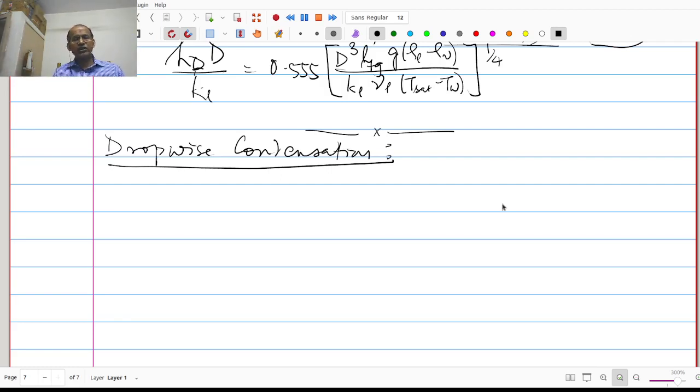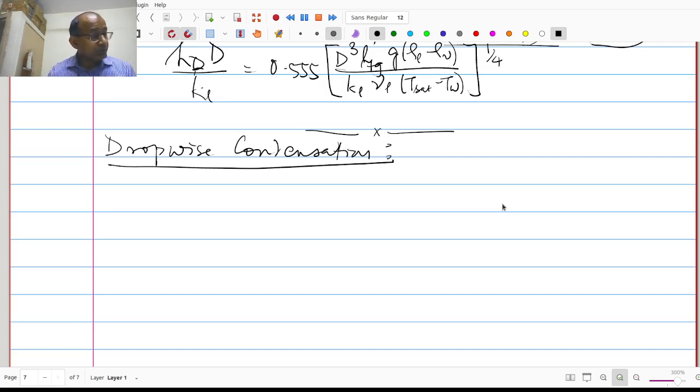vapor for fresh condensation. So this results in a larger fraction of the fresh metal surface exposed to the vapor, and therefore the condensation rates and the heat transfer rates are much higher.